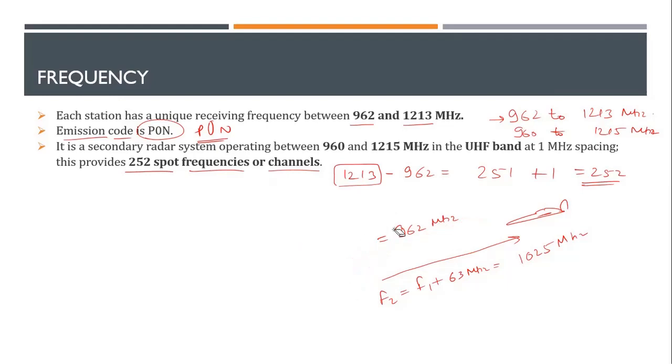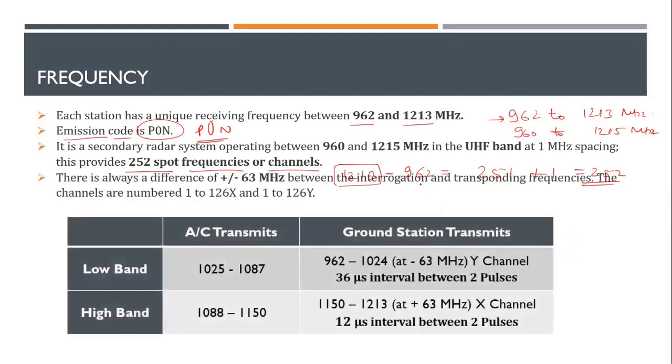All right. Now you understand this also. This creates two bands. One is a low band, the other is a high band. How are they created? Let's take this as F2.